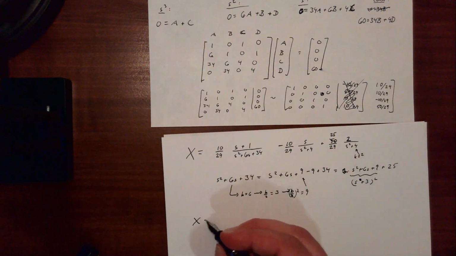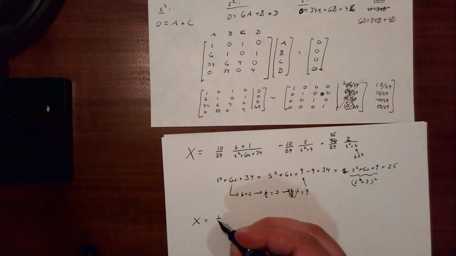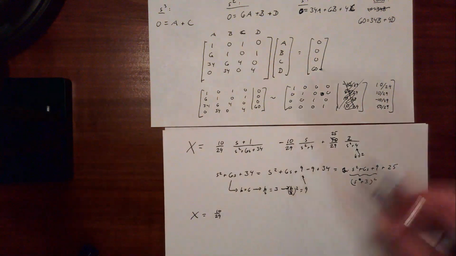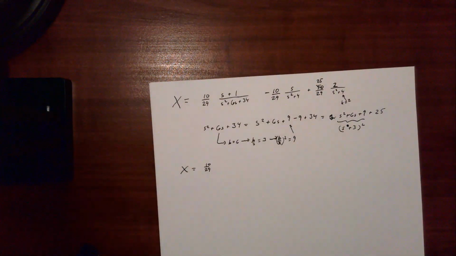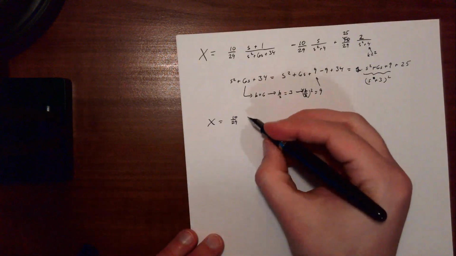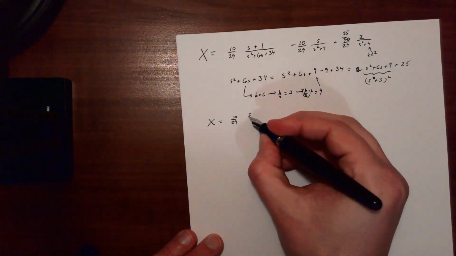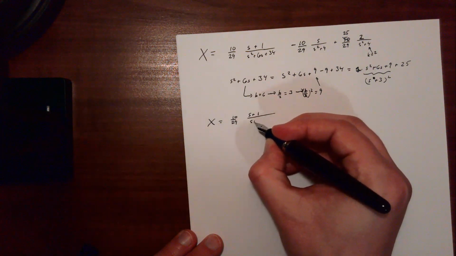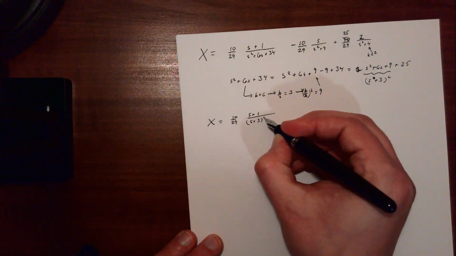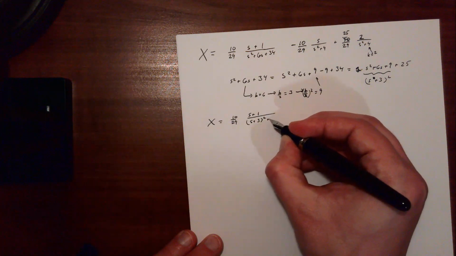So then what's that make our x? That makes it 10 over 29 times s plus 1 over s plus 3 squared plus 25.